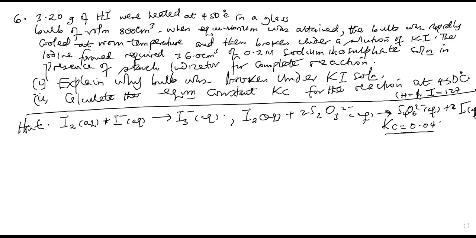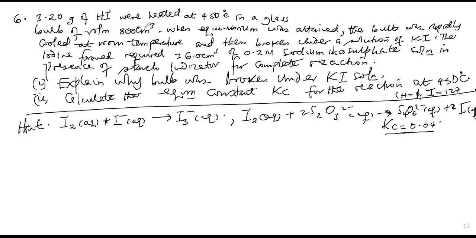Another thing that you need to mind about here, they have said that the volume is 800 cubic centimeters. So to get the concentrations, we multiply the moles by 1,000 over 800 cubic centimeters, because that volume must be converted to a liter.